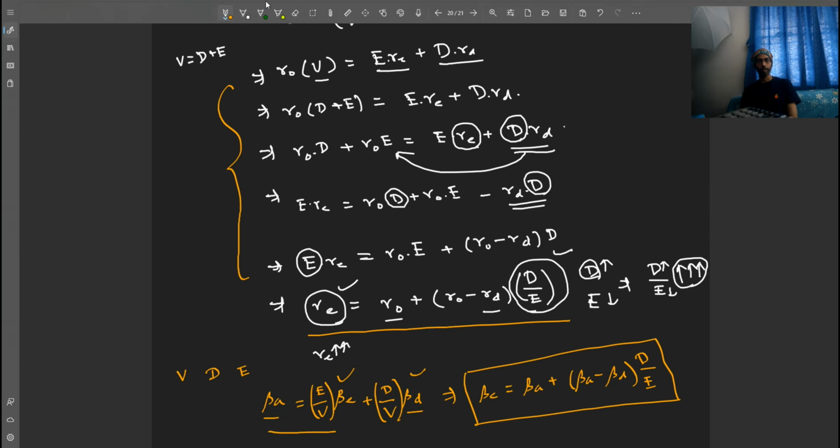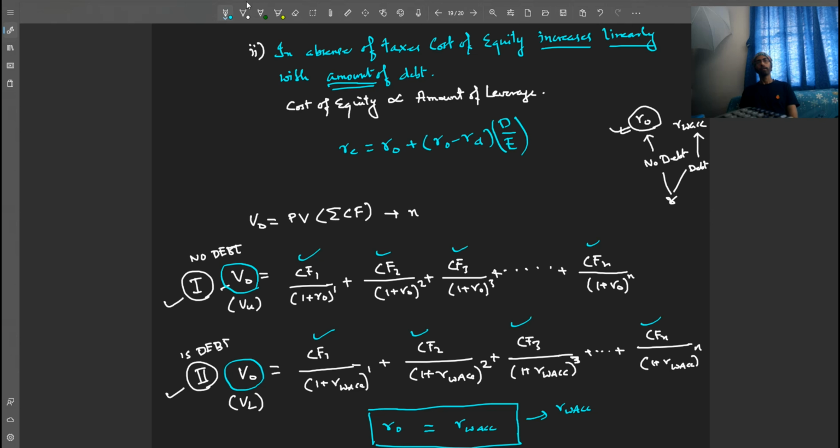This equation is called the Hamada equation. This equation does not take default into consideration, but it takes the volatility of the market value of equity, asset and debt, right? And this looks uncannily similar to the previous equation that we had. So from this equation we can see if the debt to equity ratio increases, then volatility of equity does increase, that is the beta of equity does increase.